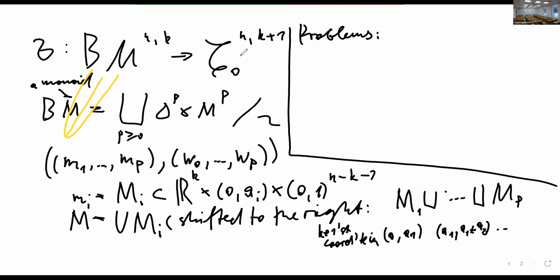Let's recall the structure maps for the classifying space. They're all given by the product in the monoid, apart from the 0th one and the last one. And the 0th one and the last one just delete the first and, respectively, the last elements of the monoid.